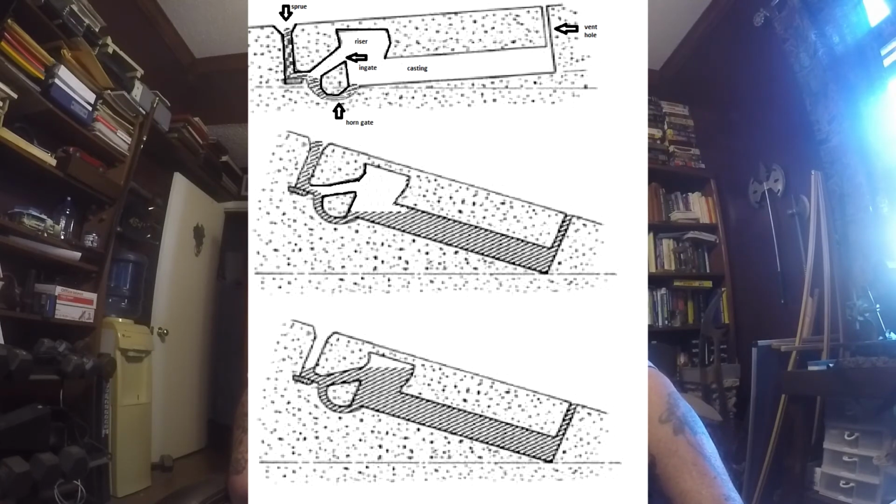Now, if you look close, the top picture shows, I put the names in there of what each portion of that mold cavity is. The bottom, where it says horn gate, now you may never have heard about the horn gate. Okay, it's an ingate that feeds metal into a casting or mold cavity, but it's in the shape of a horn, where one end is narrower than the other end, and once you ram it up into your mold, you can wrap it, and then slowly pull it out of the mold.